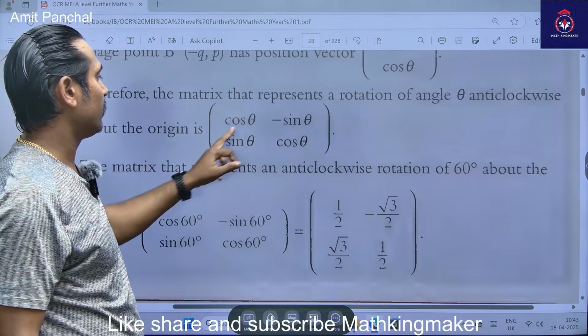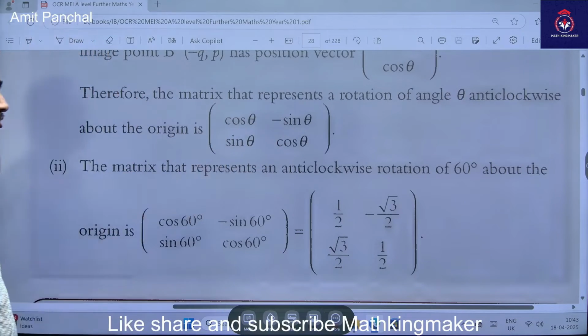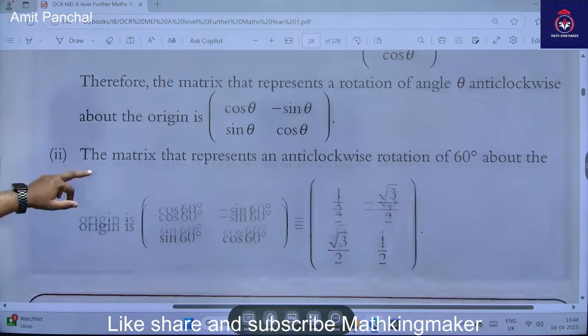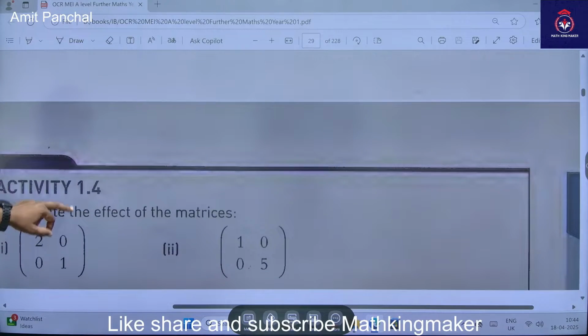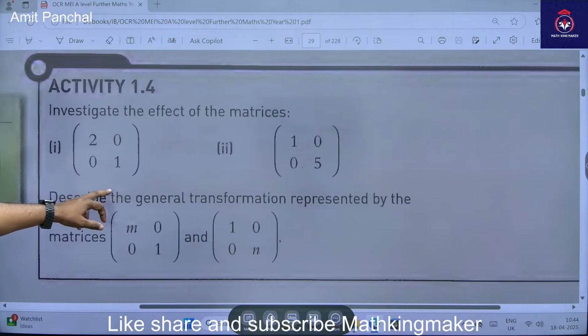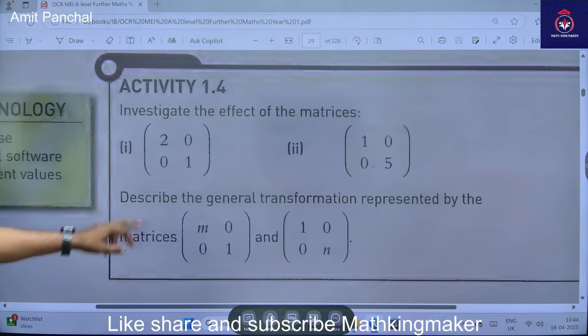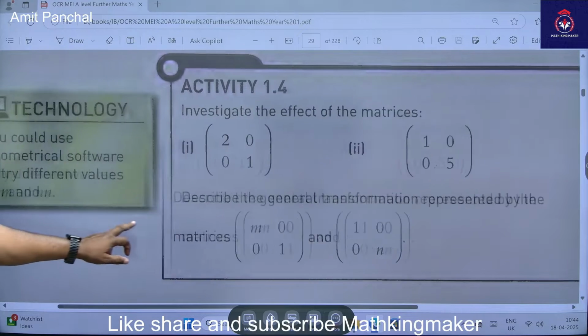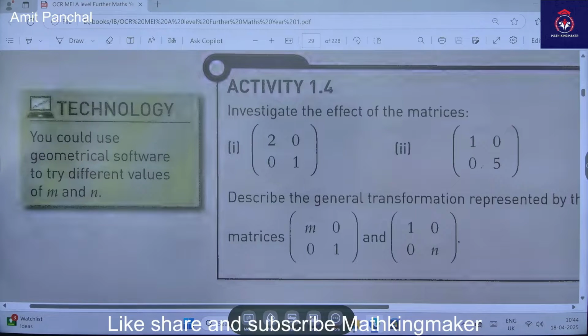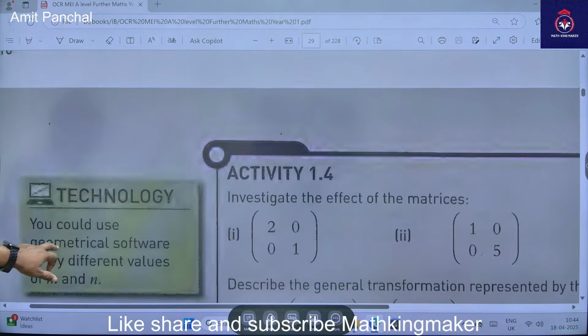The minus sign is here only, so that is the only change. So this is the transformation matrix for theta clockwise. Now investigate the effect of the matrices. You could use geometrical software to try different values of m and n.